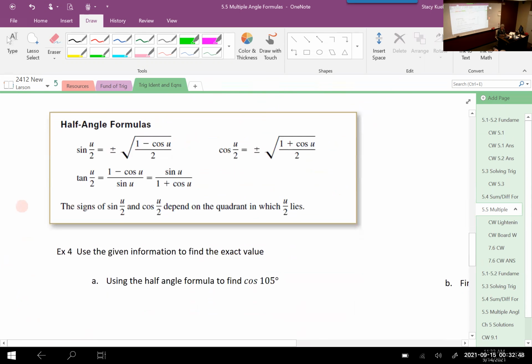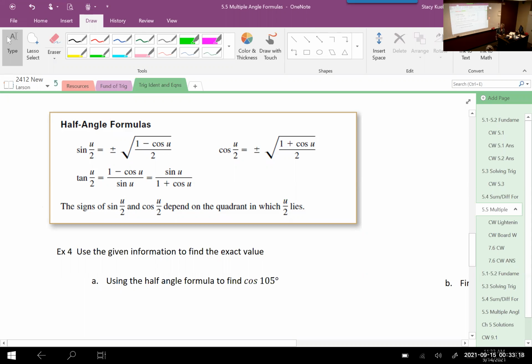The last set of identities I want you to copy down would be these half angle identities. And you'll notice that when we're talking about the half angle identities, we take the square root of both sine and cosine, okay? And so when you take the square root, you get both plus and minus values.